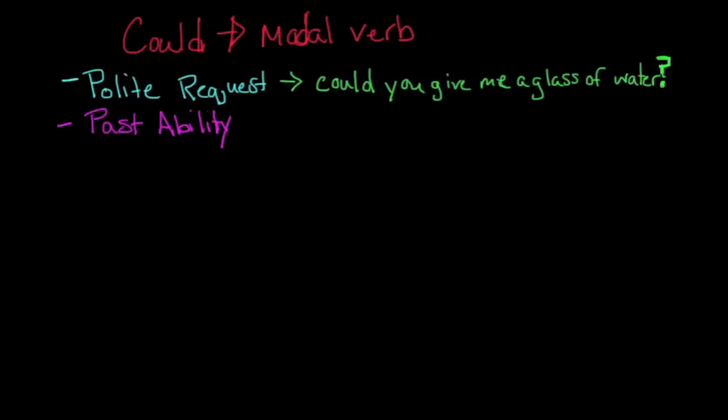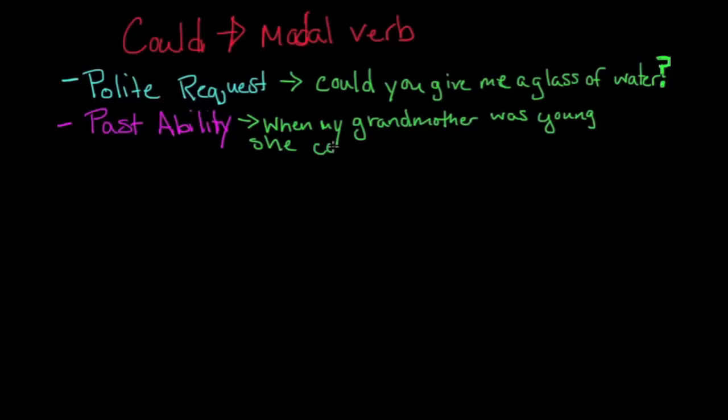An example is: when my grandmother was young, she could dance very well. So this could is a past ability.